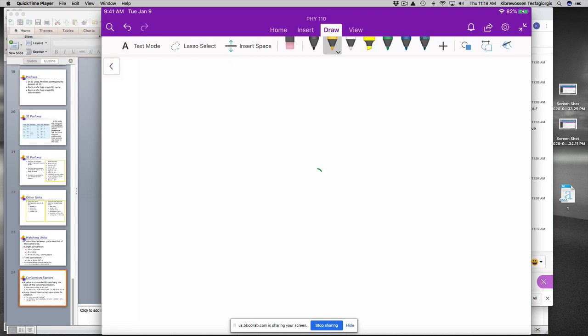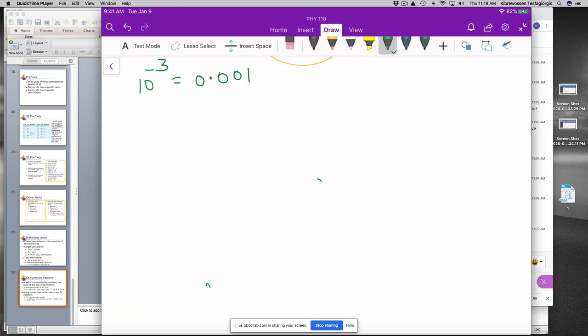For instance, if you have never used your scientific calculator before, and you have something that says 10 to the power of negative 3, you may wonder how am I going to put this in your calculator? What you can do is, 10 to the power of 3 means 3 decimal places.